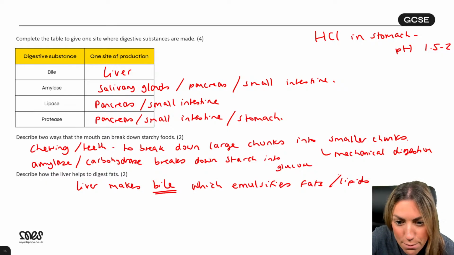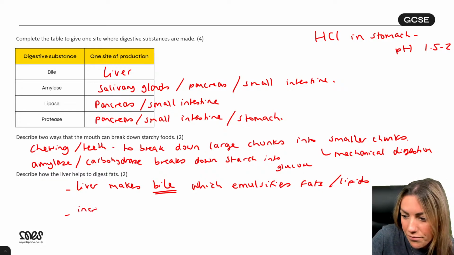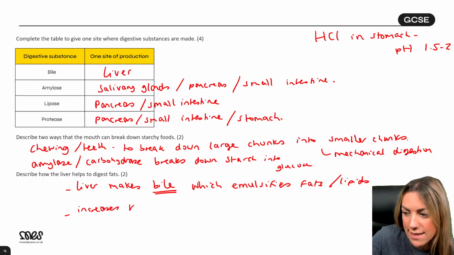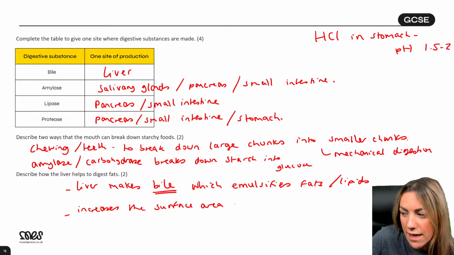What would our second marking point be? I've seen some really good answers. We'll talk about the neutralizer stomach acid as well. So what we need to say, when we say it emulsifies fats or lipids, it increases the surface area.